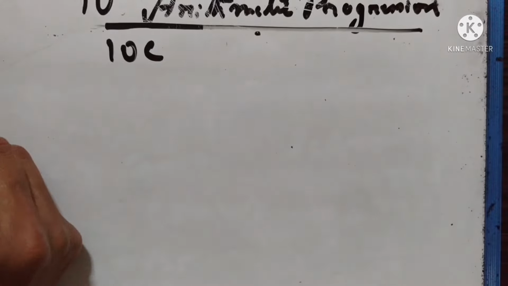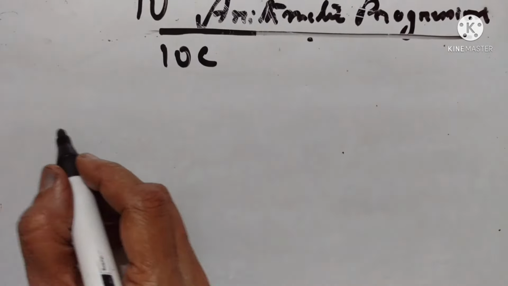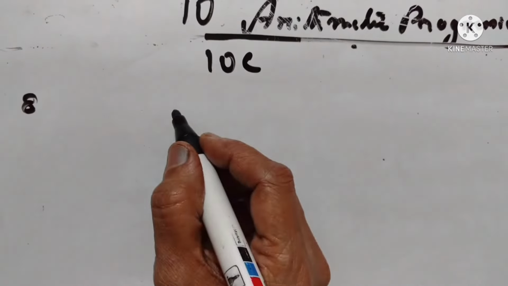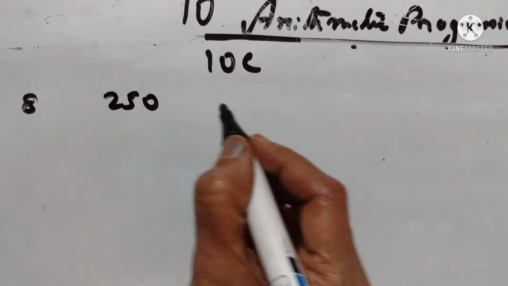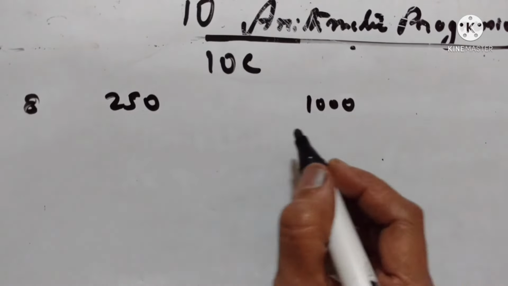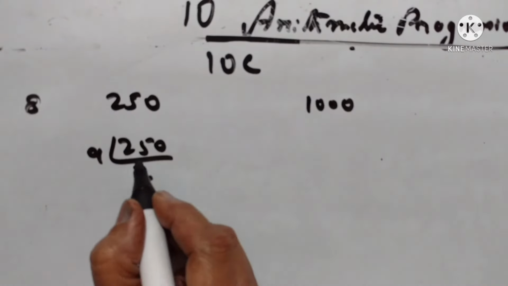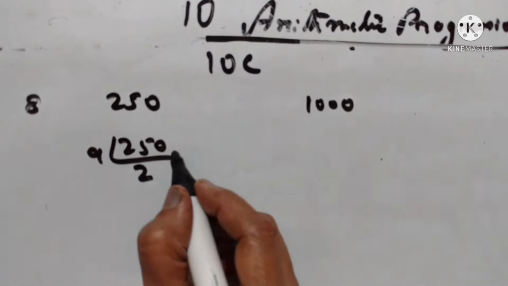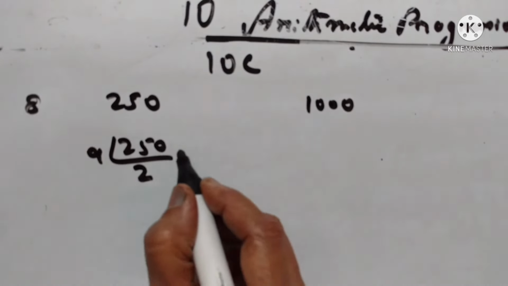8th problem. Find the sum of all natural numbers between 250 and 1000 which are divisible by 9. 9 2s are 18, 7 remains. If 2 was there, then we would have got 9 8s are 72.